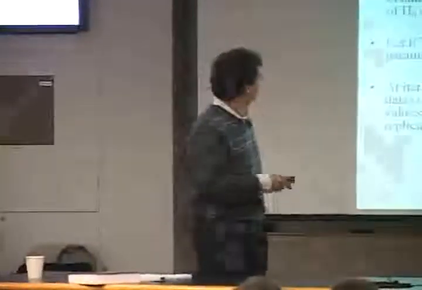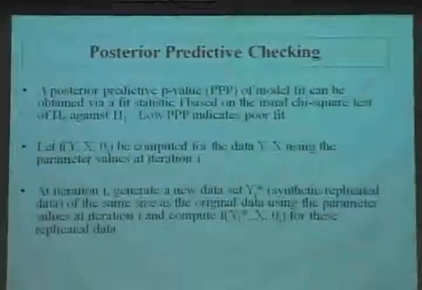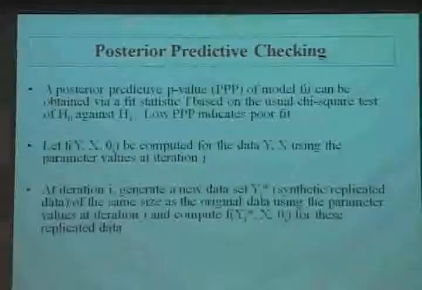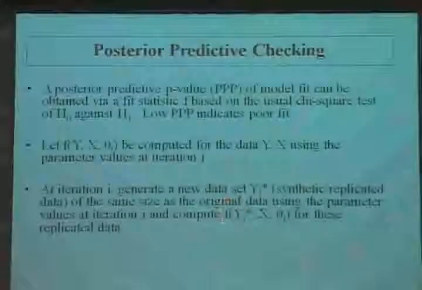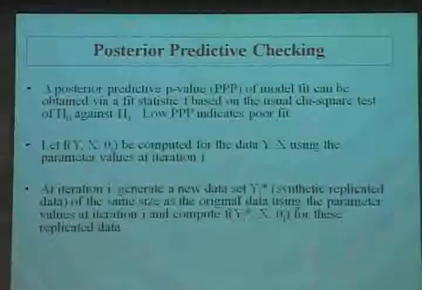The Bayesians actually use a technology called posterior predictive checking, and it's very flexible in principle because it depends on a function that you define to evaluate the discrepancy between the data and the estimated model.